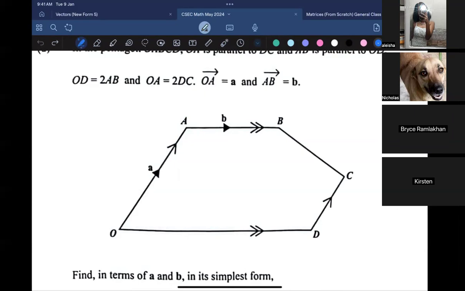It's a. So what would half of this vector be?